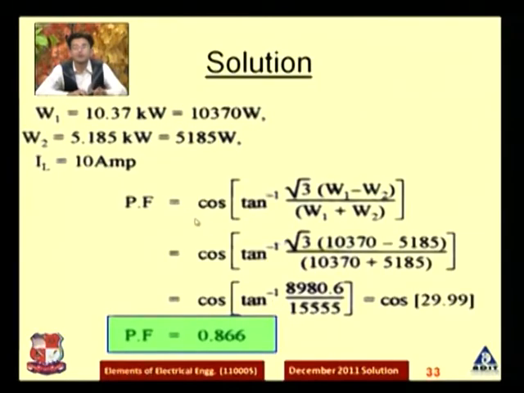The power factor you can find out by cos of tan inverse of root 3 times (W1 minus W2) divided by (W1 plus W2). This is the equation through which you can find out the power factor from the two wattmeter readings. That is the resultant power factor ultimately.